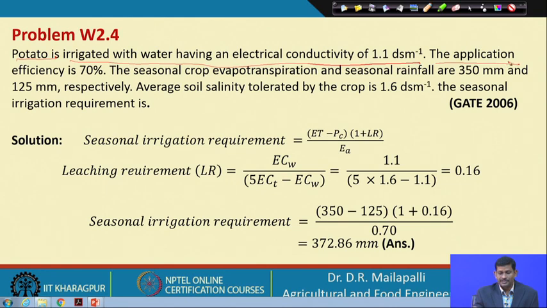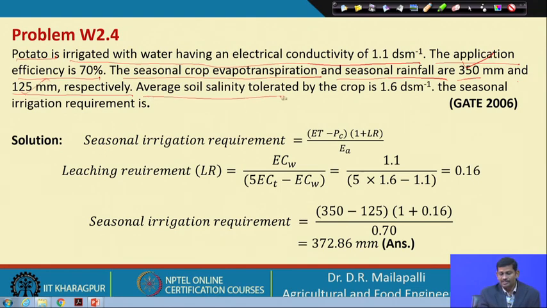The application efficiency is 70%. The seasonal crop evapotranspiration and seasonal rainfall are 350 mm and 125 mm respectively.